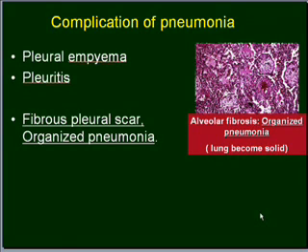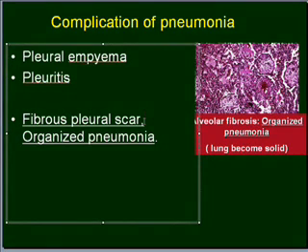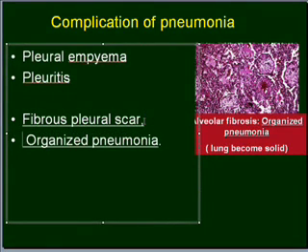So can you tell me what is happening at that moment? The lung becomes solid. The patient cannot take any kind of respiration. The only treatment for this particular scenario is transplantation. It is also known as alveolar fibrosis. In addition to this organized pneumonia, we can get a fibrous scar in the pleura, which is also definitely dangerous.